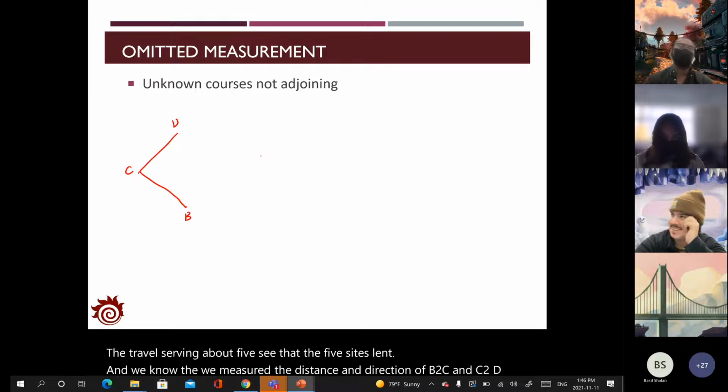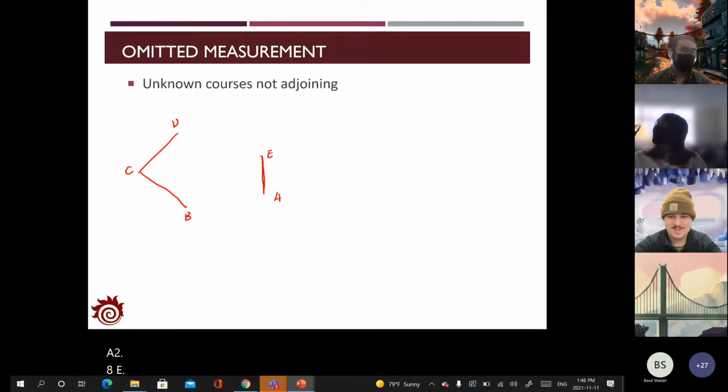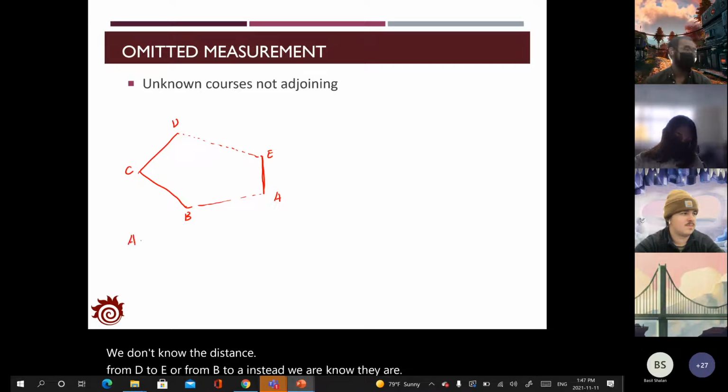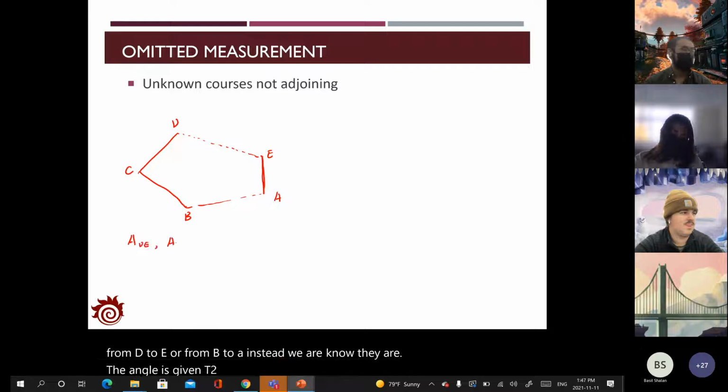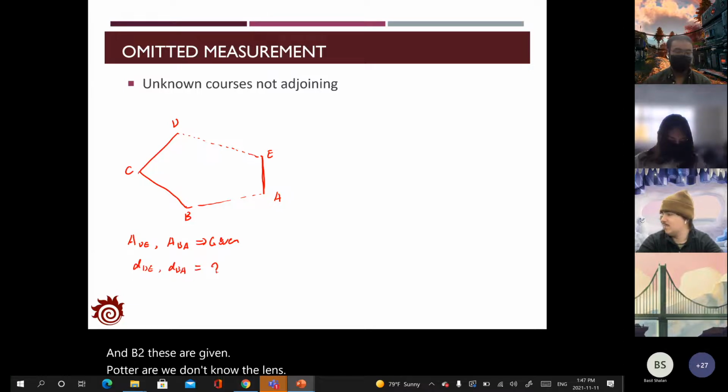We also measured the direction of A to E, but we don't know the distance. We don't know the distance from D to E or from B to A. Instead, the directions of D to E and B to A are given, but we don't know the lengths. These are unknown.